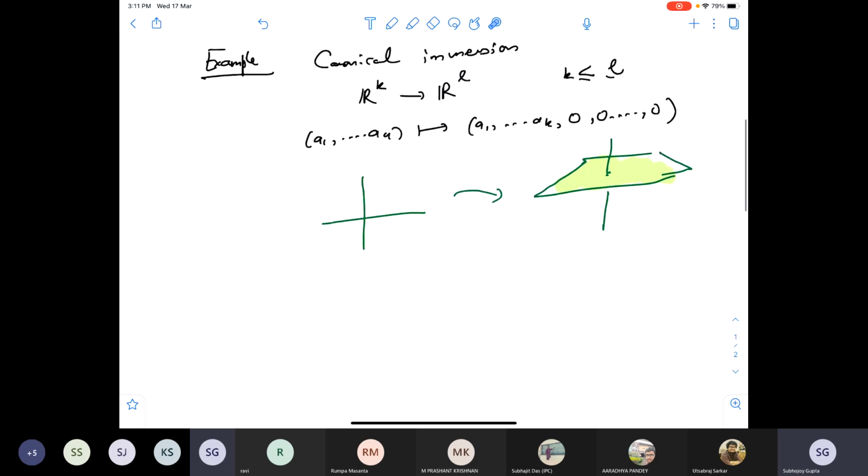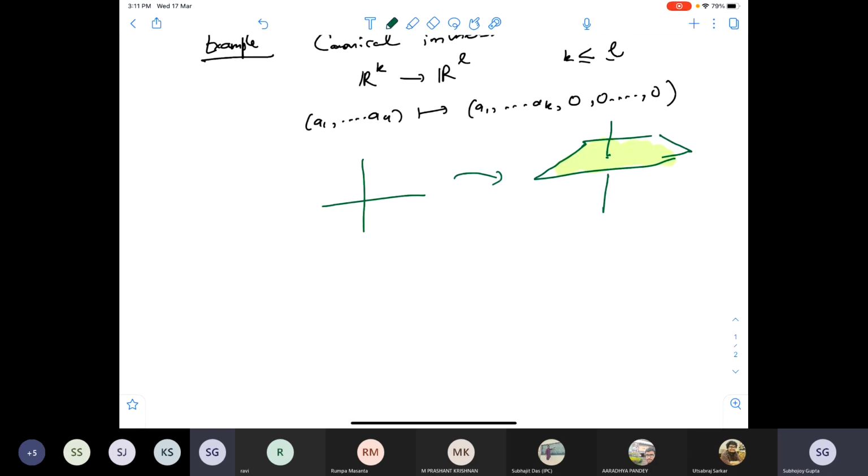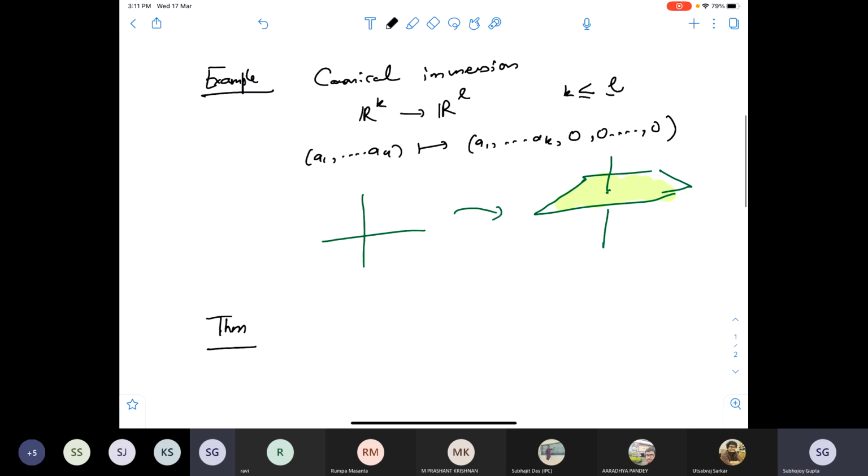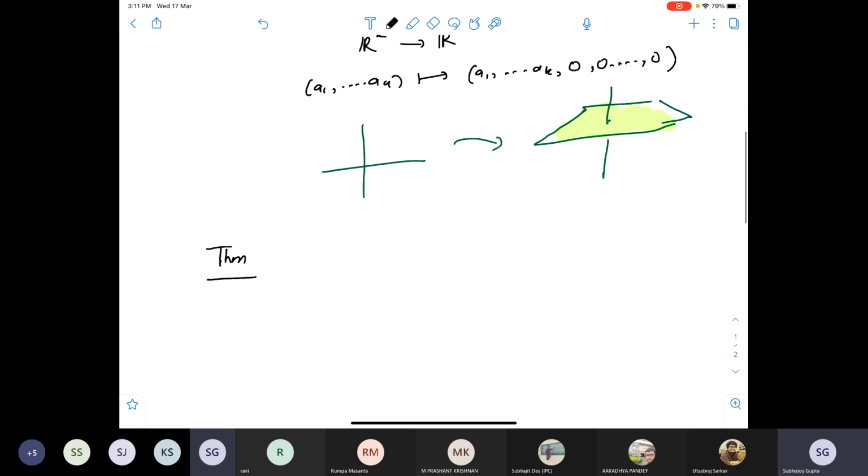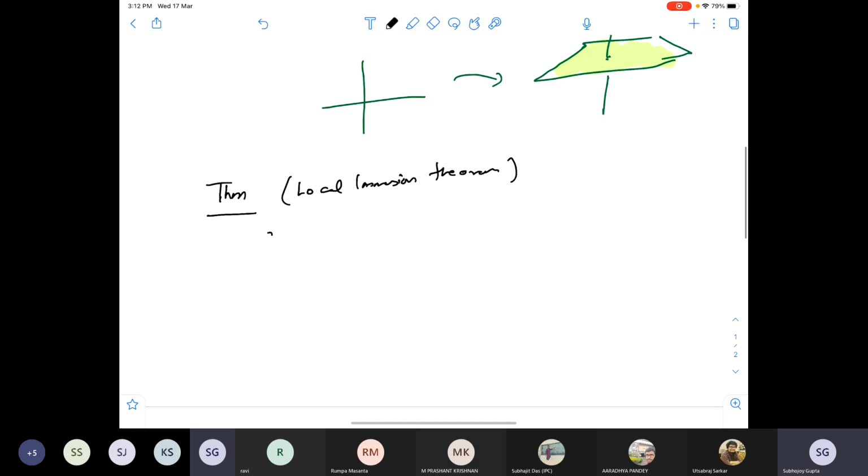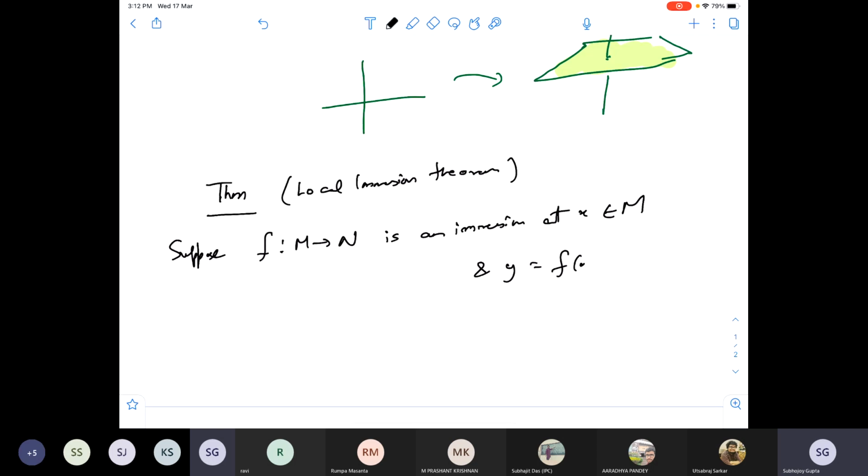So that's a canonical immersion, and the theorem here is just like for submersions: any immersion locally looks like a canonical immersion. This is sometimes also known as the local immersion theorem. Suppose f from M to N is an immersion at a point x, and let y be f(x).